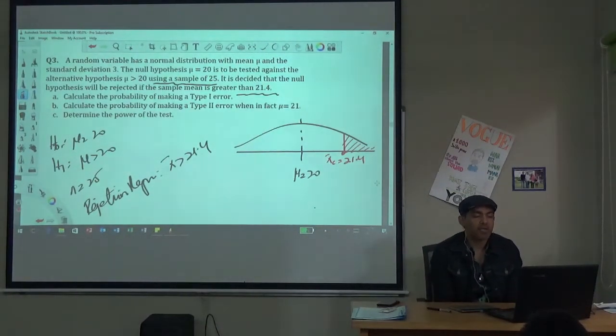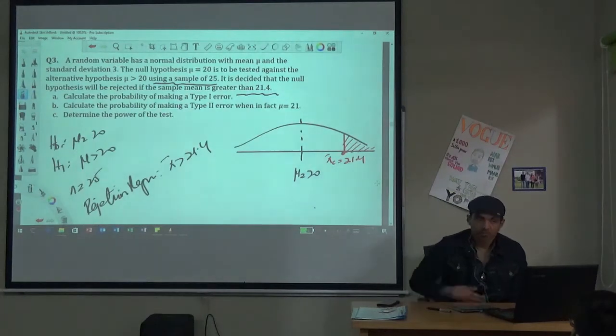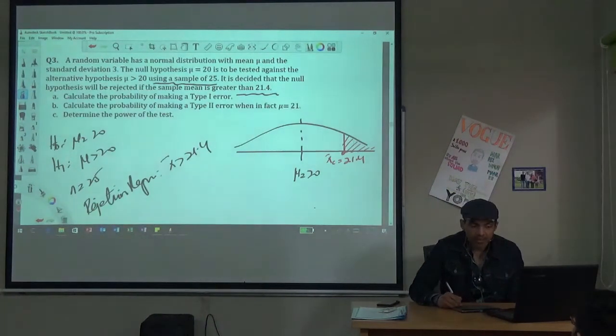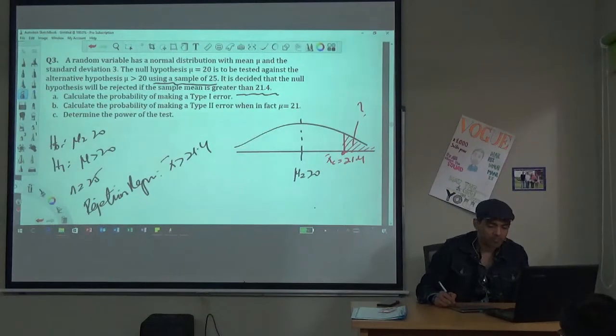Calculate the probability of making a type 1 error. Do you notice the significance level is not given in the question? So we need to calculate this area. The area of the rejection region is your probability of making a type 1 error, which is also the significance level of the test.